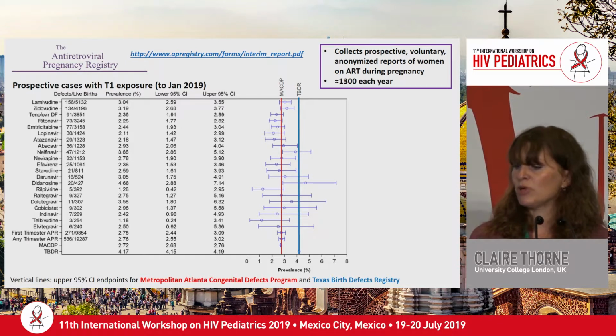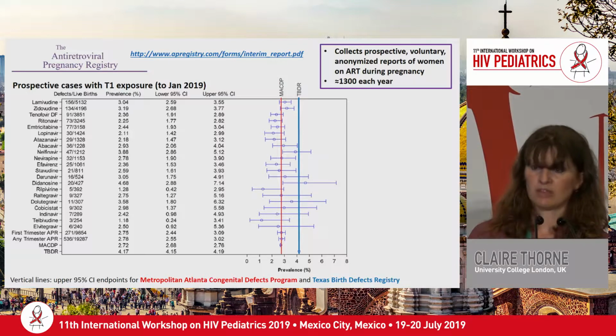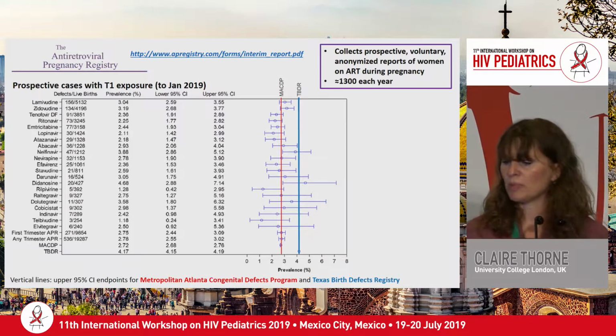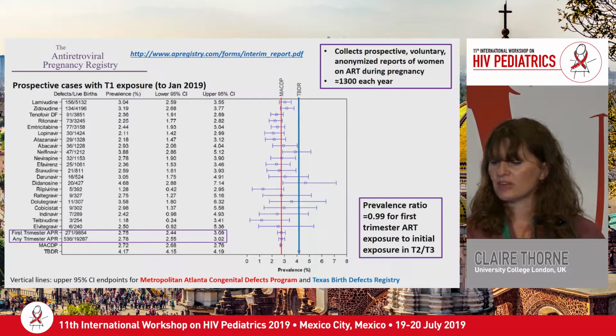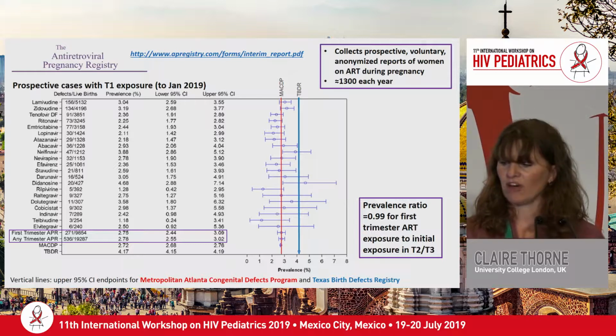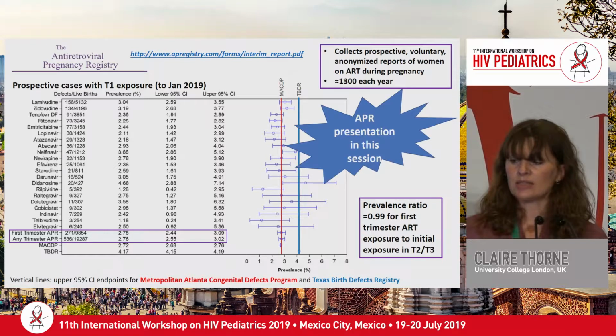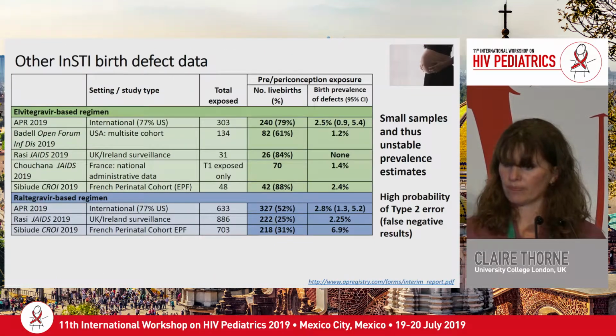The red and the blue lines show the comparator registries and studies that the APR uses to compare birth defect rates in the general population. And you can see that for overall birth defects with first trimester exposure, the prevalence is 2.75. Lynn is going to talk more later on in this session, so I'll move on.